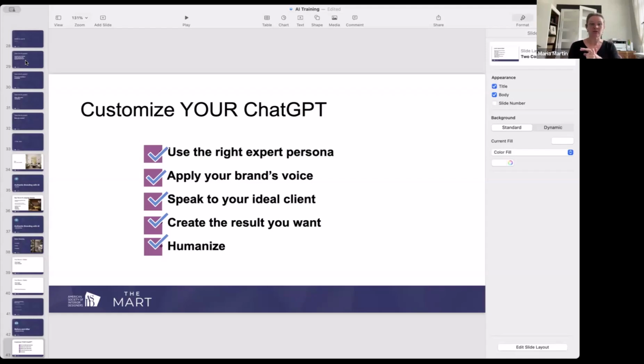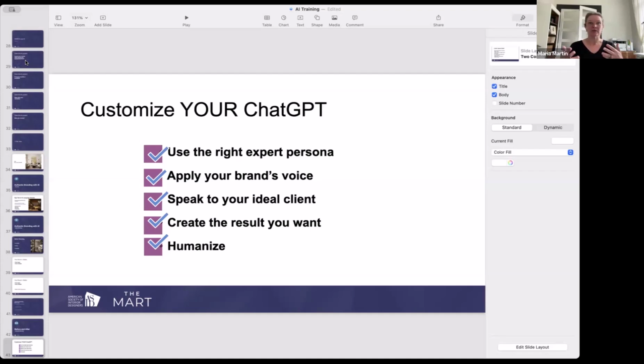And so the first thing that we want you to understand is that ChatGPT can perform really well for you and create solutions to tasks that are very usable when you understand that you have to trigger its expert to get what you want. The second thing you need, and we've already gone through this with Sharon, is to have it understand how you write.